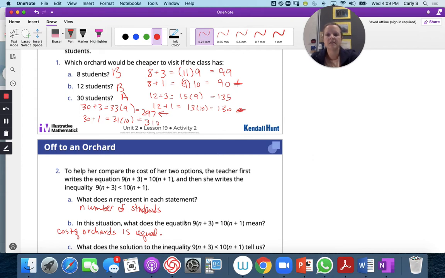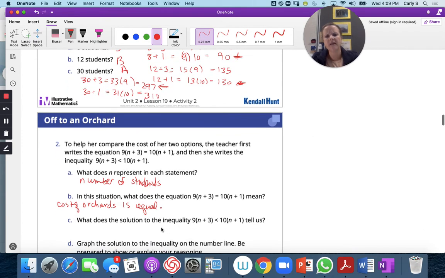Okay, and what does the solution to the inequality tell us? It's going to be when the cost for orchard A is cheaper, because this is orchard A less than orchard B. So that inequality would be the cost for orchard A is cheaper.